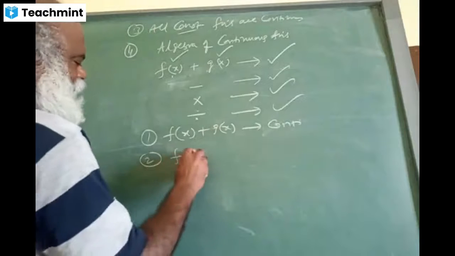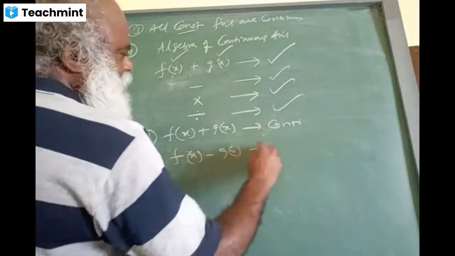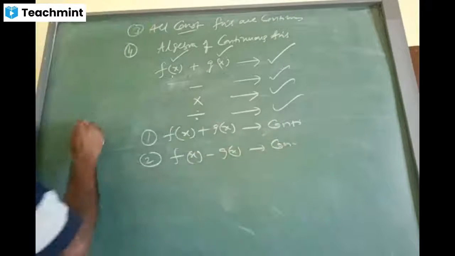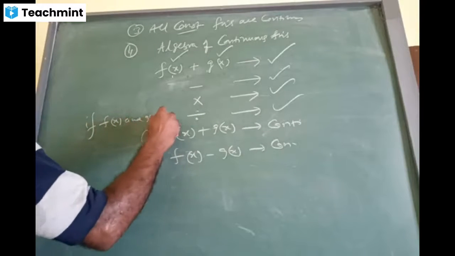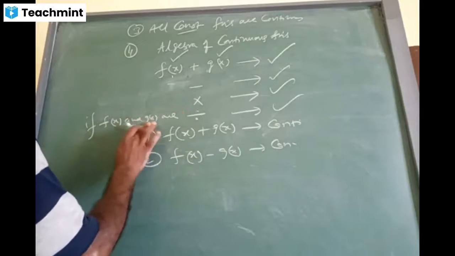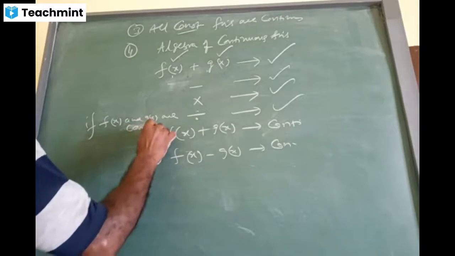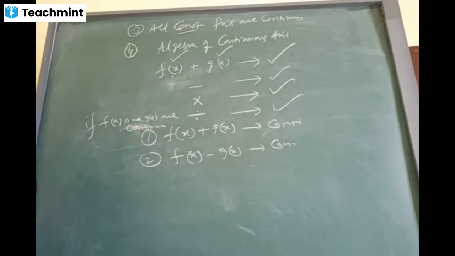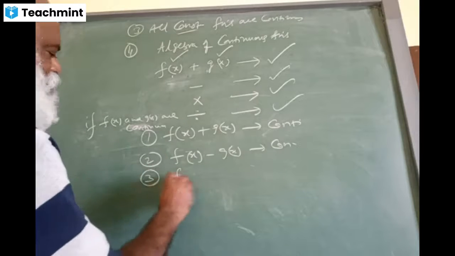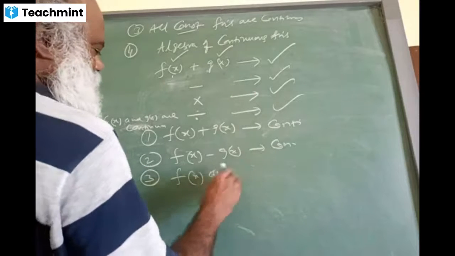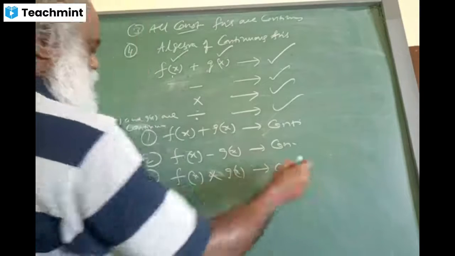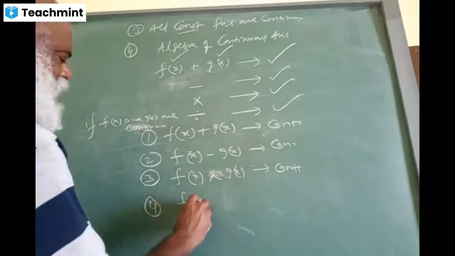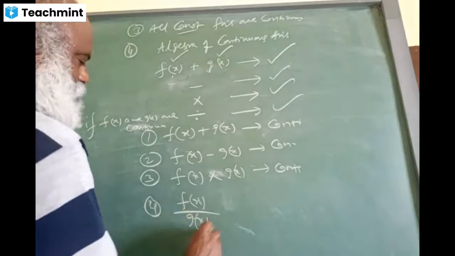Number 2, f of x minus g of x is continuous, if f of x and g of x are continuous. You can see it in the textbook. Then third one, f of x into g of x is continuous. And number 4, f of x by g of x is continuous.